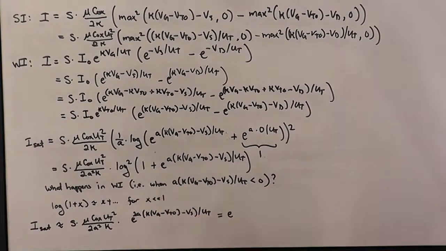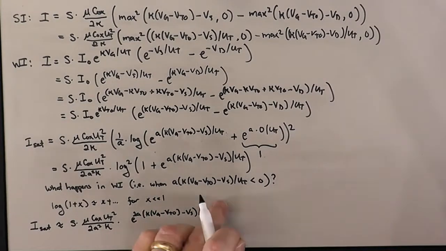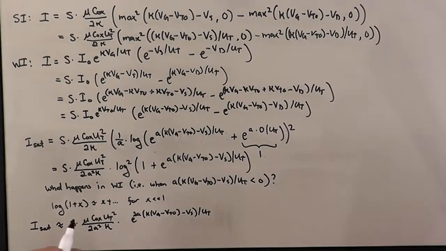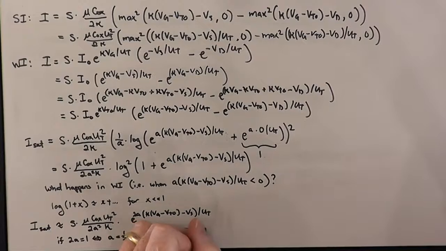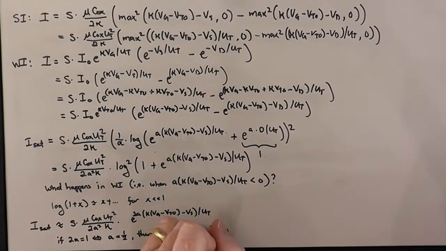If 2a equals 1, which implies that a equals 1/2, then the weak inversion model matches.